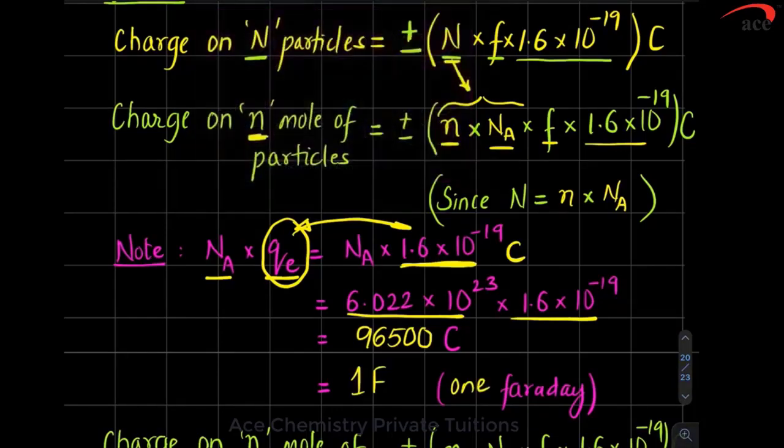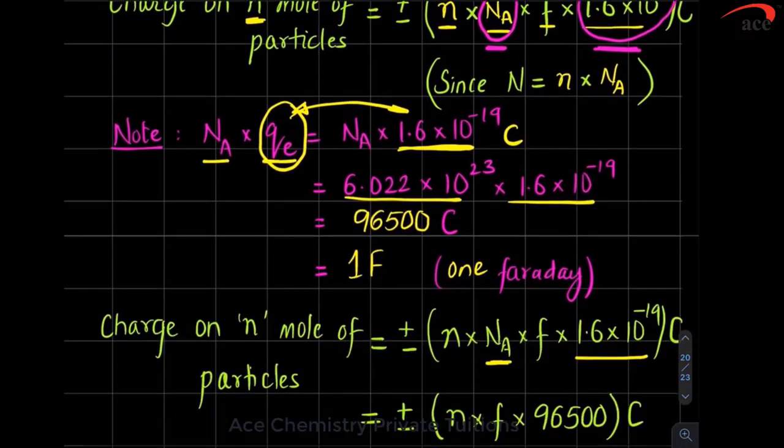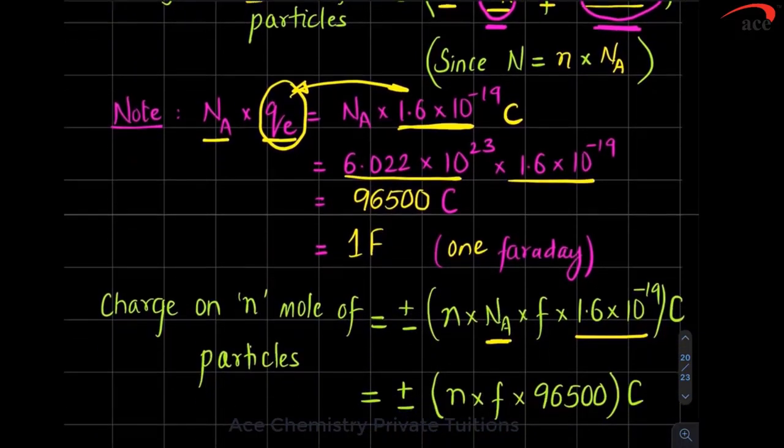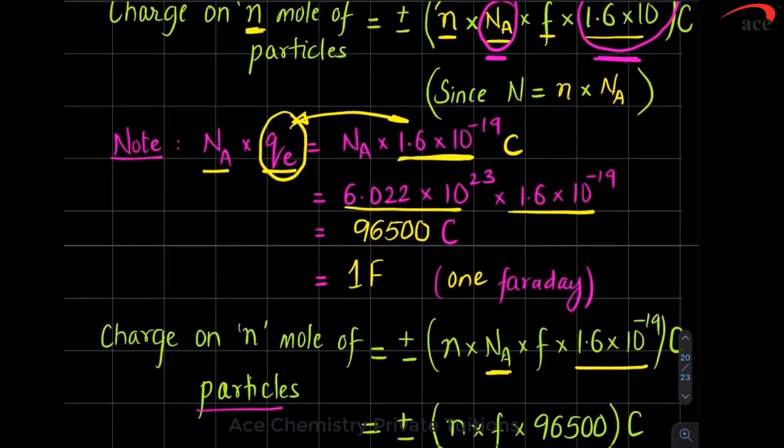Are you able to see? Avogadro number is getting multiplied by the charge of 1 electron. So if these two factors are multiplied, what is the number you get? Yes, 96,500. So what is the charge present on n moles of particles? It is n, number of moles, times Na, times 1.6 into 10 to the power minus 19.